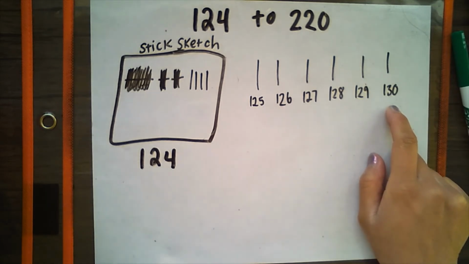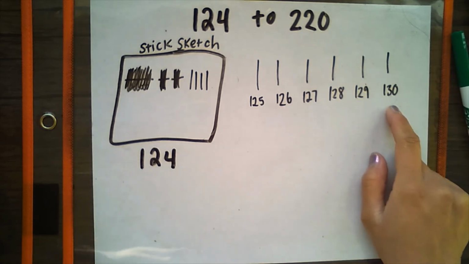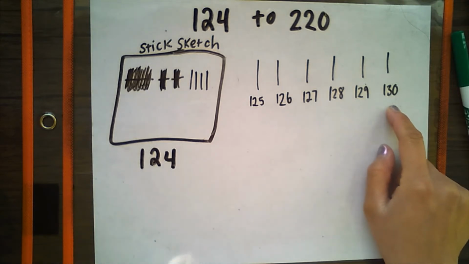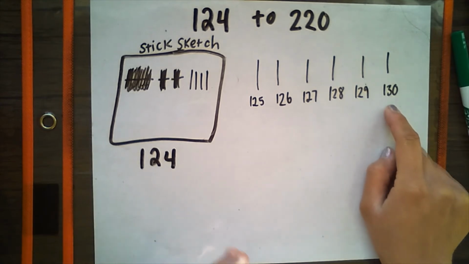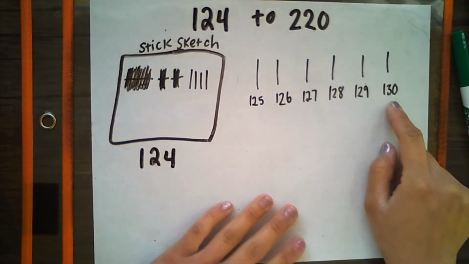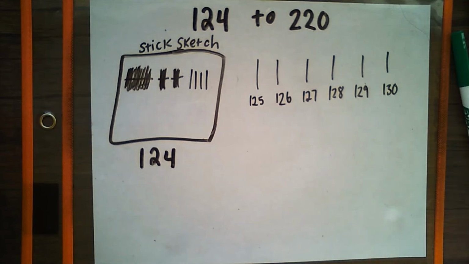This is a really good strategy to use. This is called a benchmark number because it's helpful. It makes it easier to count. And benchmark numbers allow us to skip count, which is much faster than counting by ones. A bench is often somewhere you sit comfortably, and so a benchmark number is something that is easy to remember and rest on. So let's go ahead and go from there.